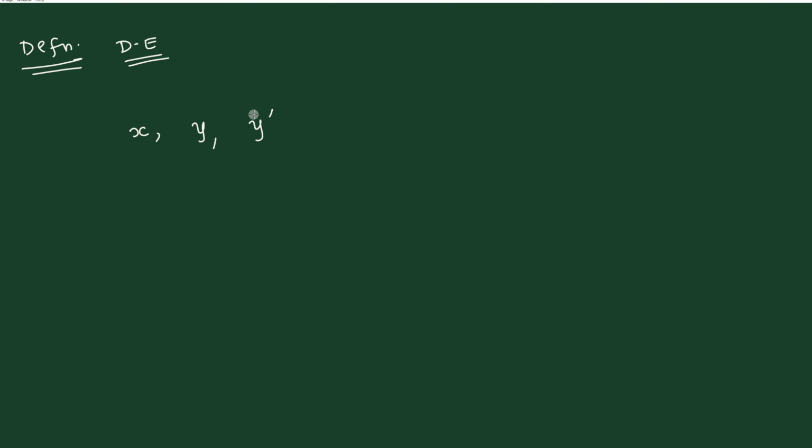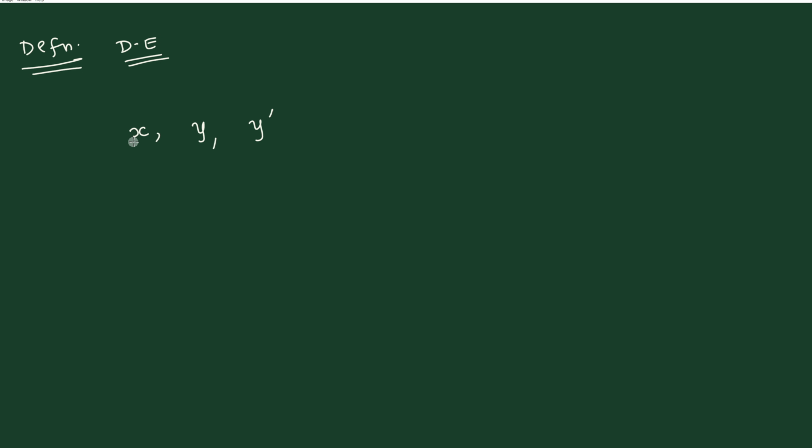Prime will not represent time derivative, therefore prime is going to represent here dy by dx. Okay, so this is very simple. I have an independent variable, this one. I have a dependent variable. I have a derivative of the dependent variable. At least minimum I need y prime. You can always have y double prime, y triple prime, etc. But this is a minimum requirement.